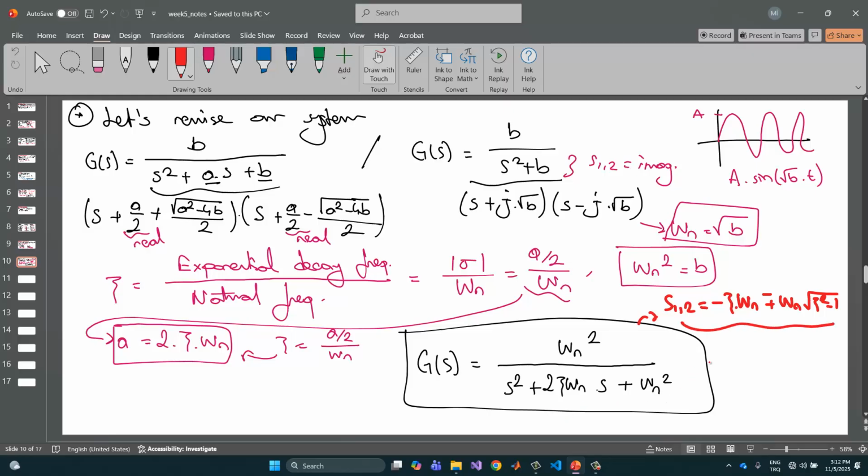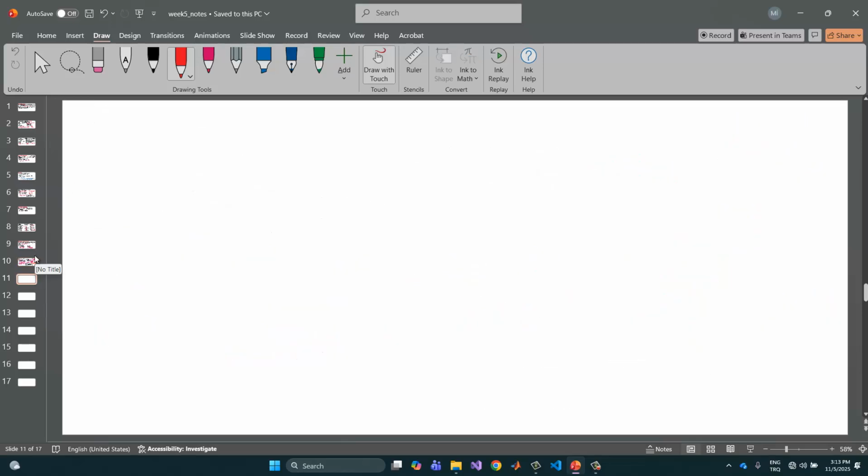The roots of these terms are equal to this one. Okay? Yes, Wn is the natural frequency of your system. And so we can show these terms in here, just like this one. This is the graphical representation of it.